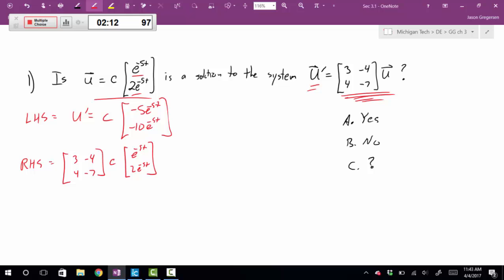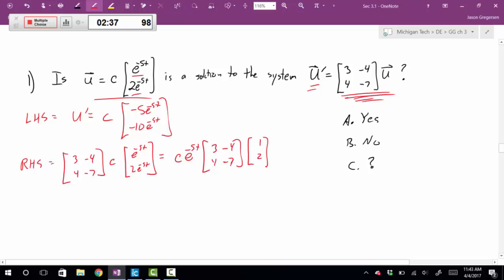I have e to the negative 5t, but for any value of t, that's just some number. So basically I can factor that out of my vector. I can rewrite this as c times e to the negative 5t, the matrix 3, negative 4, 4, negative 7, times the vector 1, 2.